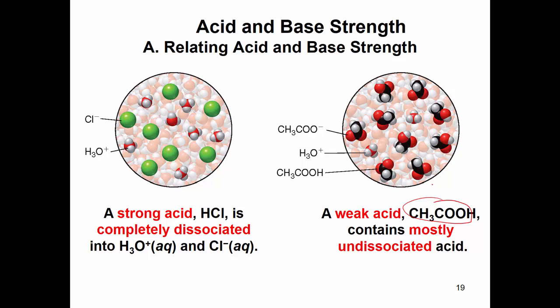And then there's your hydronium, so there's a few. Notice you have less H3O+. The less hydronium you have, the weaker the acid. The more the acid dissociates and forms H3O+, the stronger the acid, because that is the definition of an acid: how well it will dissociate to form hydronium.